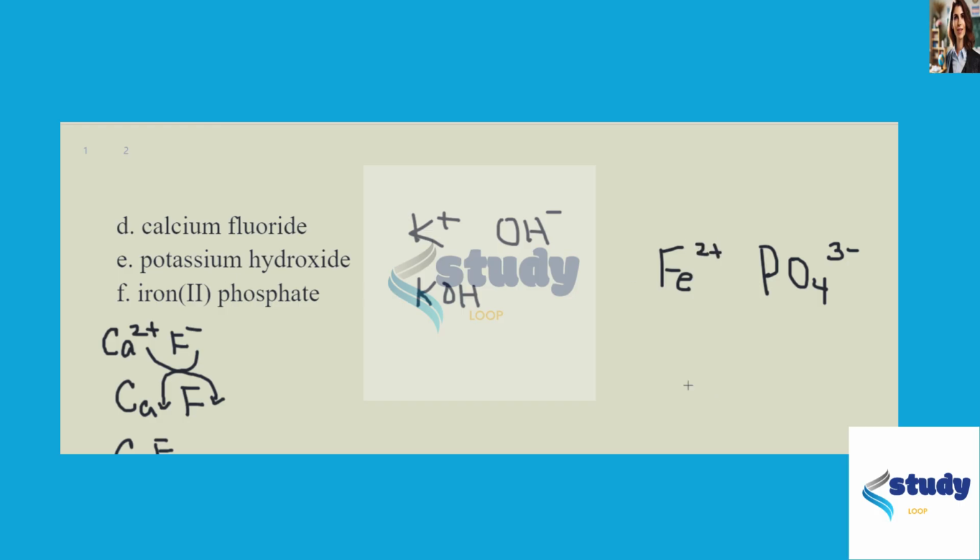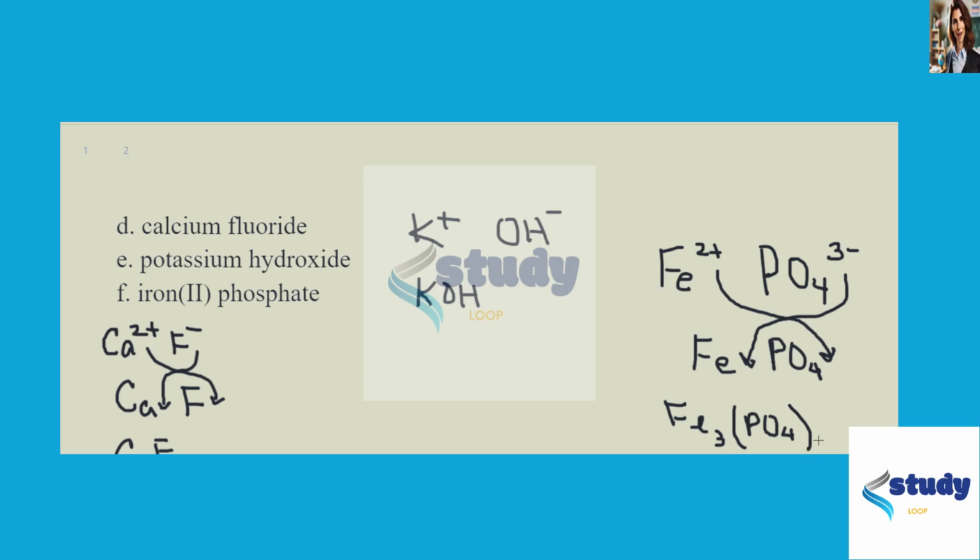And the easiest way to write this one is crossing the charges of the ions. We'll end up with 3 irons. And when you have multiple polyatomic ions, you want to have them inside parentheses, and then you will add a 2. And that's the answer.